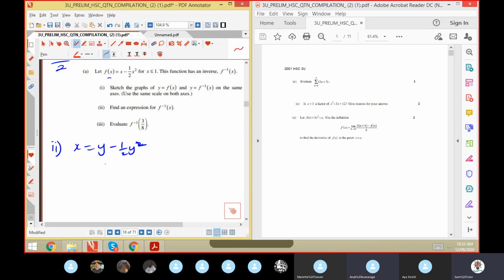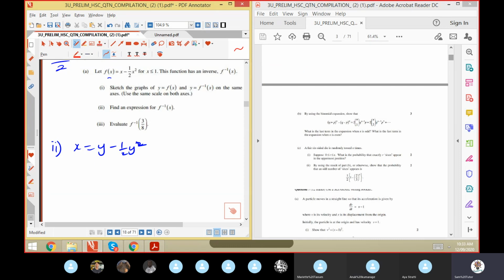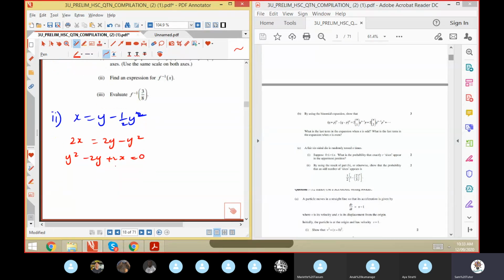Yes, I was going to say, if you have studied, you would know that it has to be completing the square. Times everything by 2: 2x equals 2y minus y squared. Bring everything to one side: y squared minus 2y plus 2x equals 0. Complete the square now. Can you complete the square?